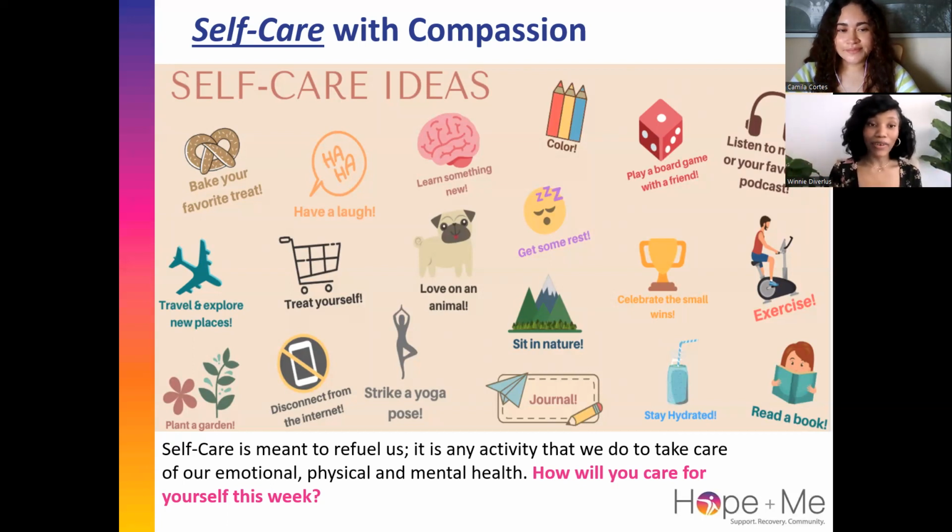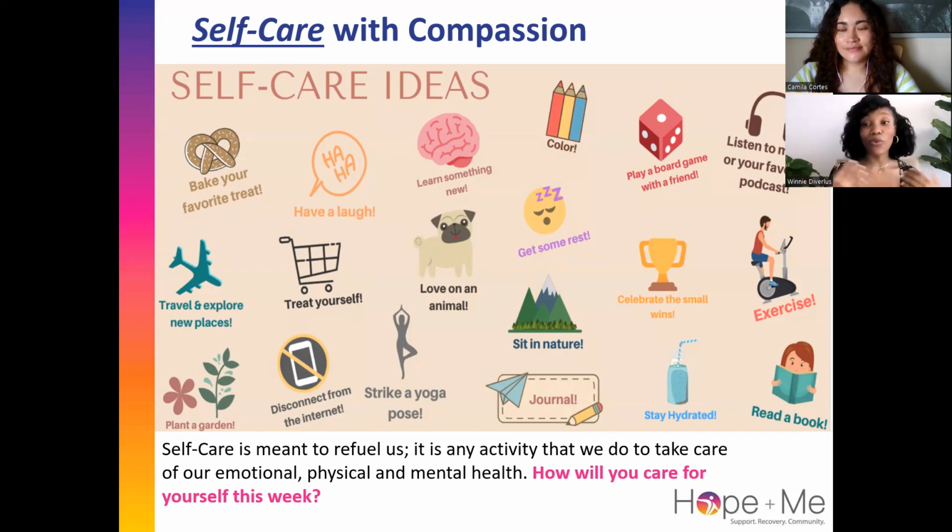Some self-care ideas we have are having a great laugh, watching a comedy, or reading a book that centers around comedy, getting some rest when our body needs rest, and loving on an animal, especially at times when we're feeling a great deal of energy that's not necessarily positive. Petting an animal is a great way of giving ourselves the self-care that we need.